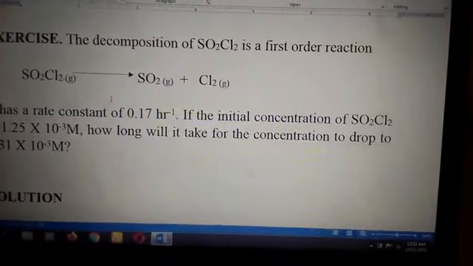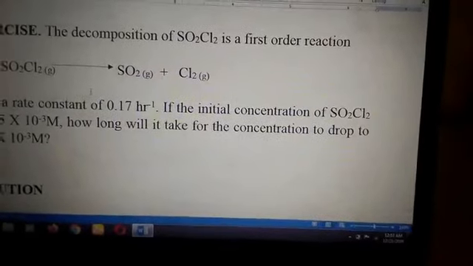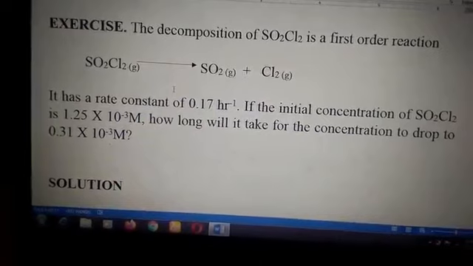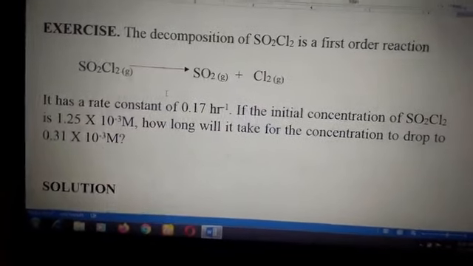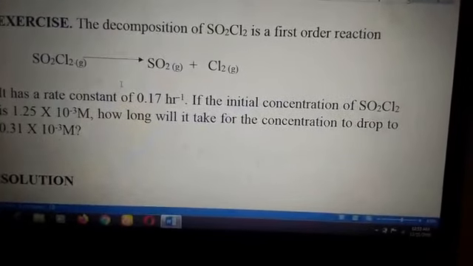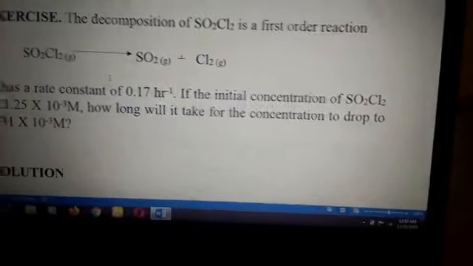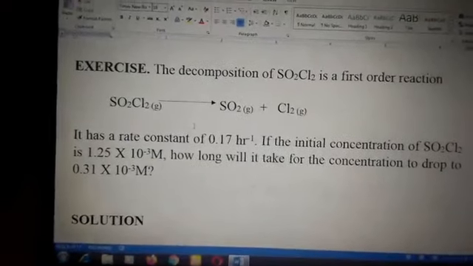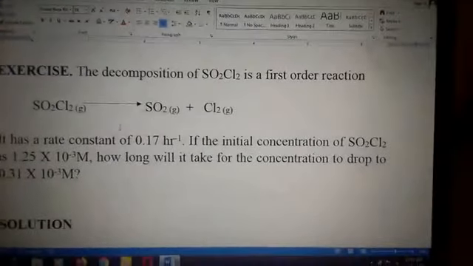The initial concentration of SO2Cl2 is 1.25 times 10 to the power minus 3 mol per dm cubed. How long will it take the concentration to drop to 0.31 times 10 to the power minus 3 mol per dm cubed? So look at the question very well.